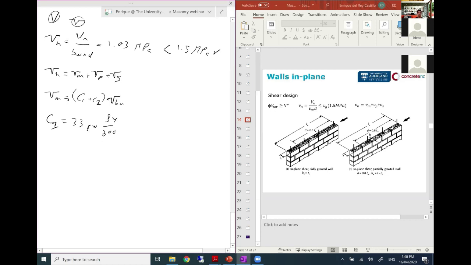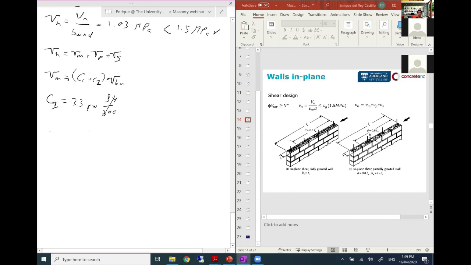Now this is equal to 1, obviously. My pw is equal to 4 bars diameter 6, radius 6, divided by my gross area. This is equal to 0.0023. So this is equal to 0.076.